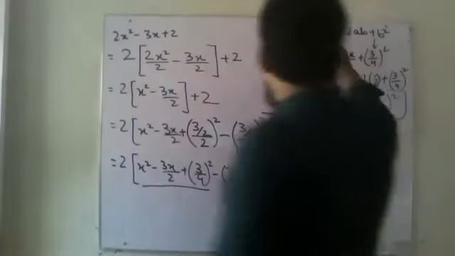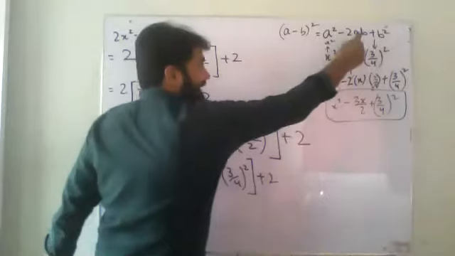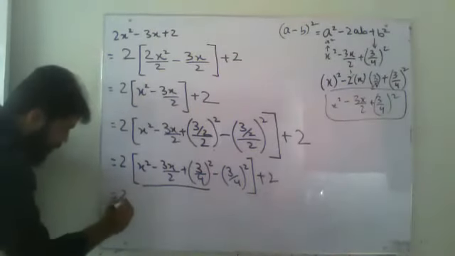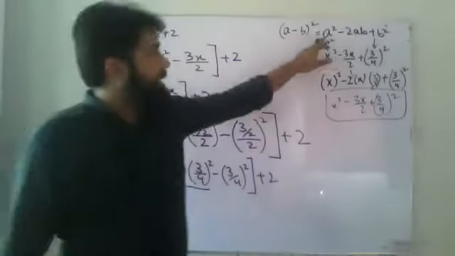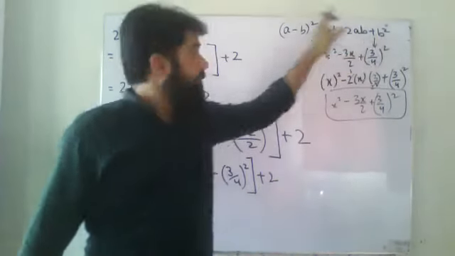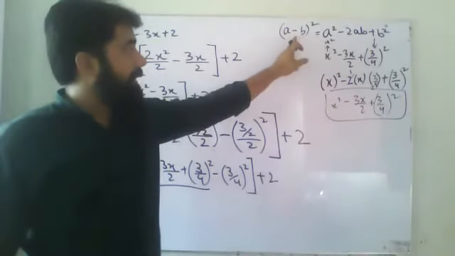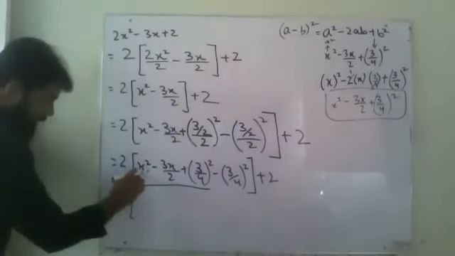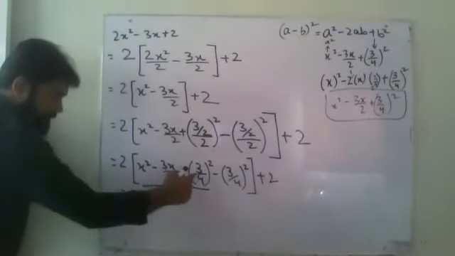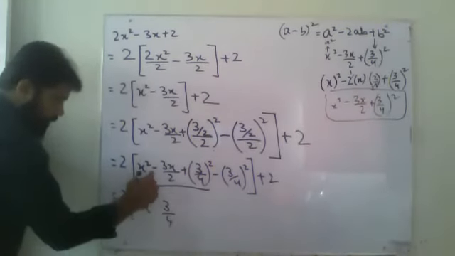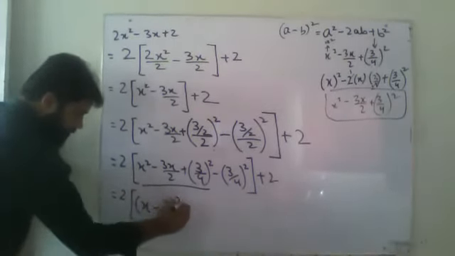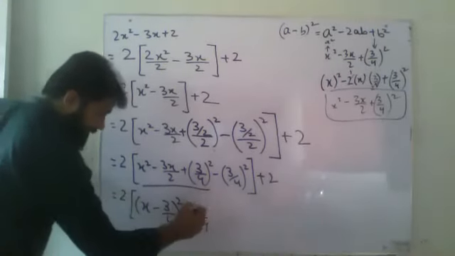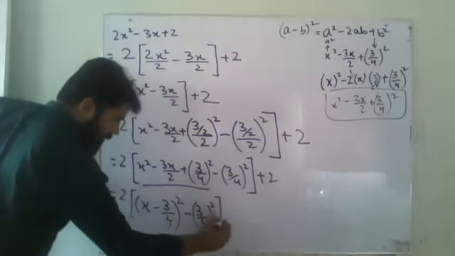So I can write it as: a is x, b is 3 over 4, the sign is minus. x minus 3 over 4 whole square, minus 3 over 4 whole square, plus 2.